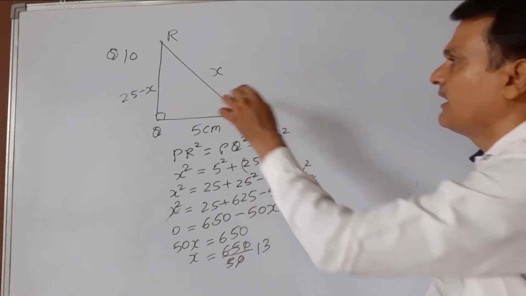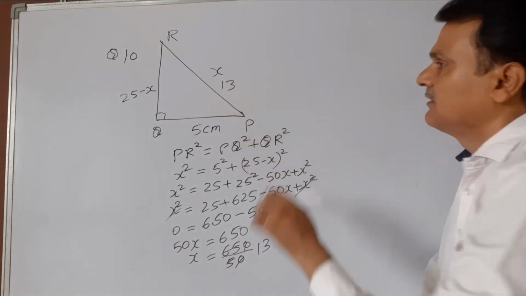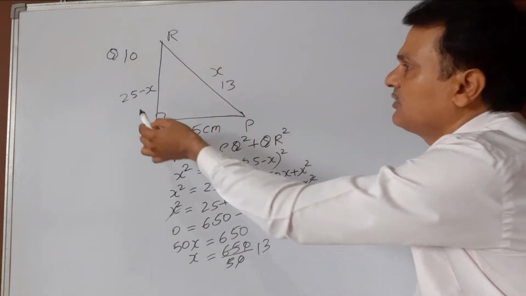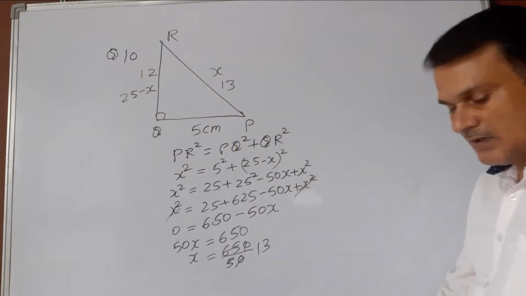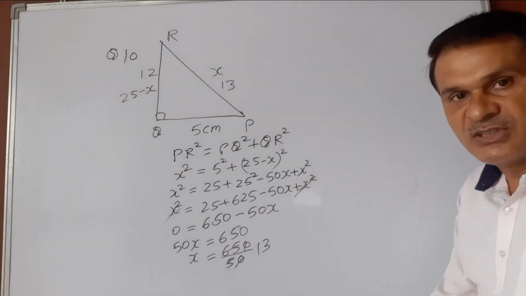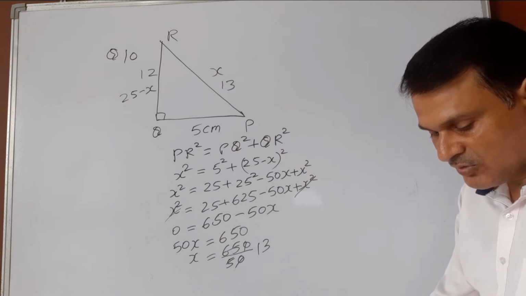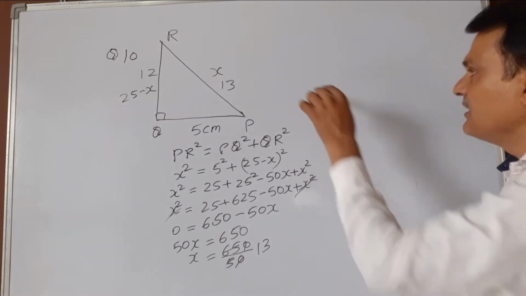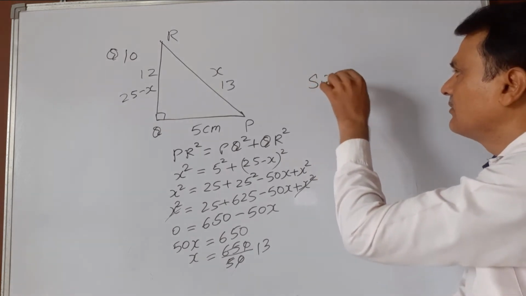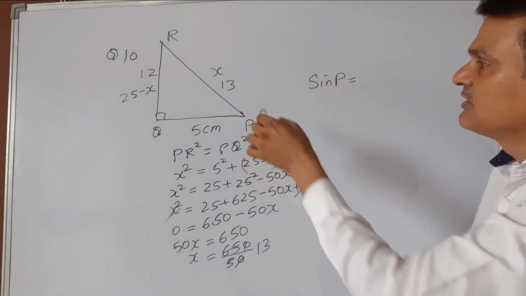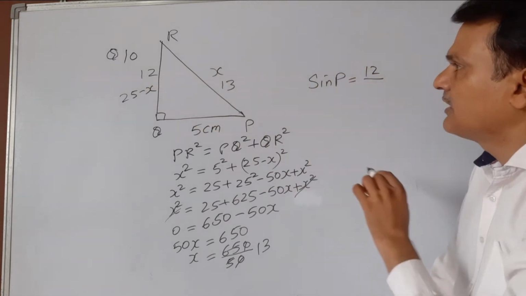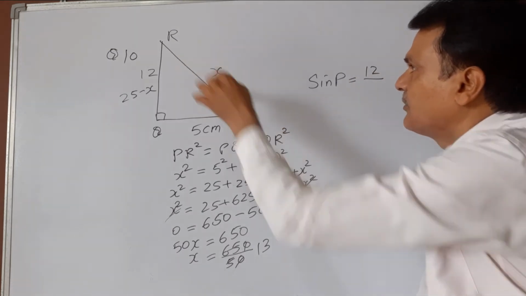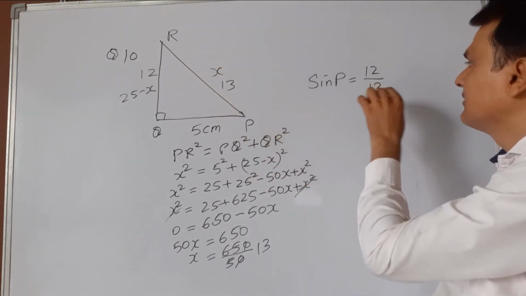Then the value of X is 13, then QR will be 25 minus 13, and this will be 12. And we have to find out the value of sin P. Sin P equals side opposite to angle P, which is 12, upon hypotenuse, which is 13.